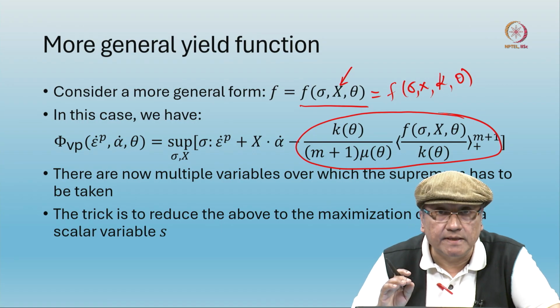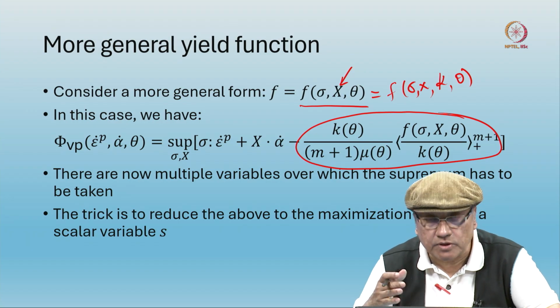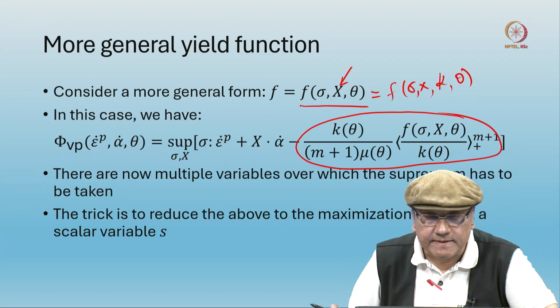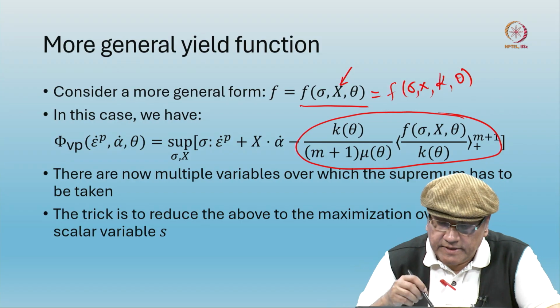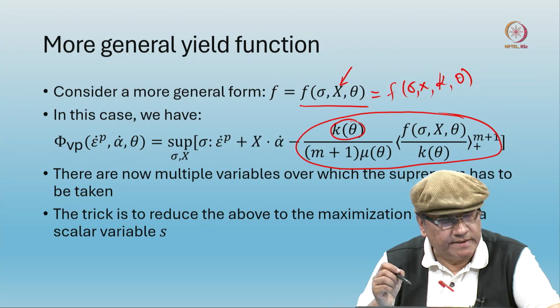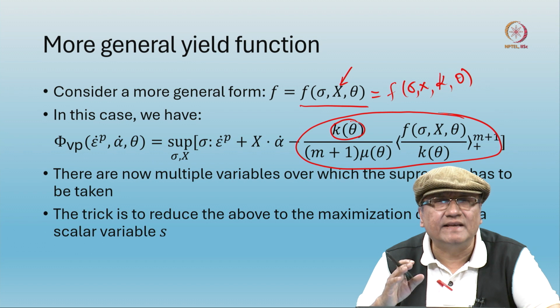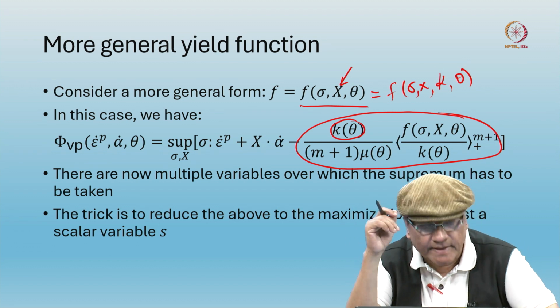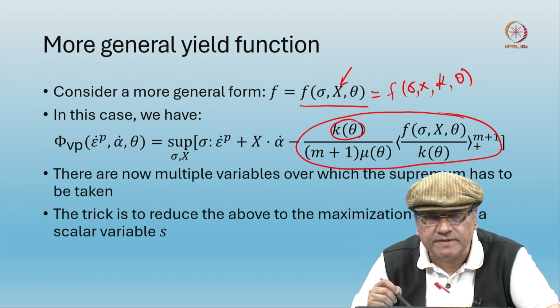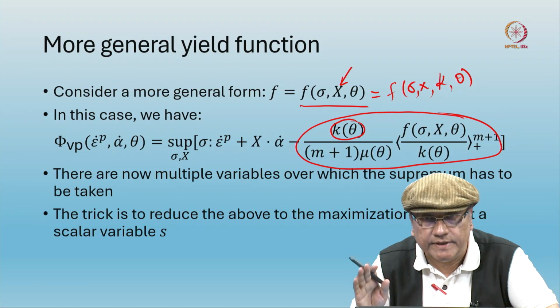This is a Perzyna type viscoplasticity, so the notion of a yield function still is there. Now this k theta is a stress like quantity, something like a dynamic overstress you can say, so that f and k have similar units.